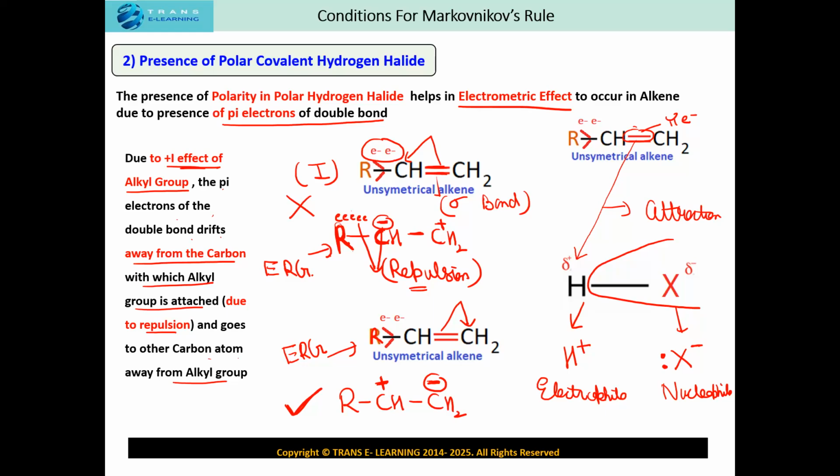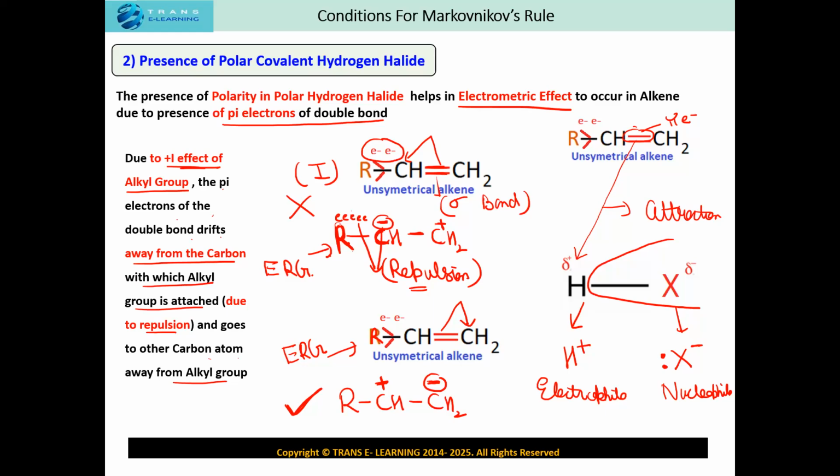It will always go to the other carbon atom which is not attached to the alkyl group, right? So that is the reason we need a polar covalent hydrogen halide, because that is going to initiate the movement of the pi electrons either towards the left or towards the right hand side of the double bond. This is what we call the electromeric effect.